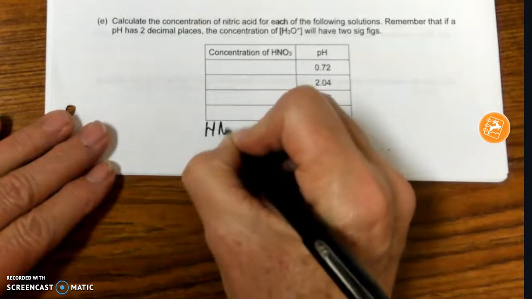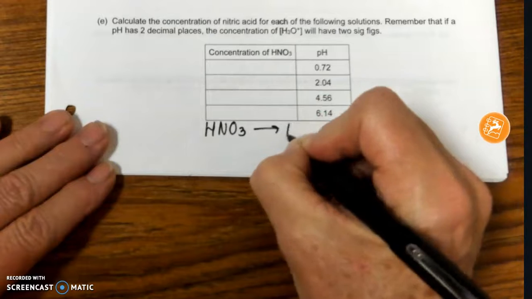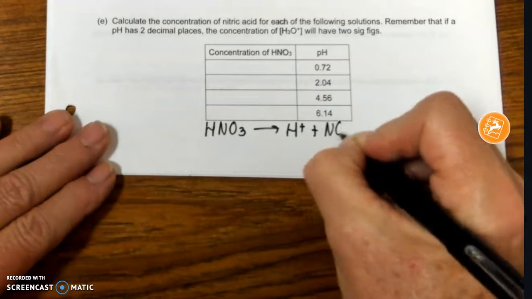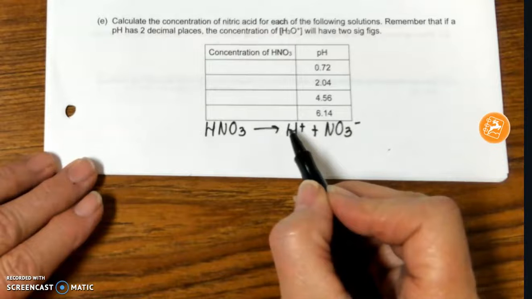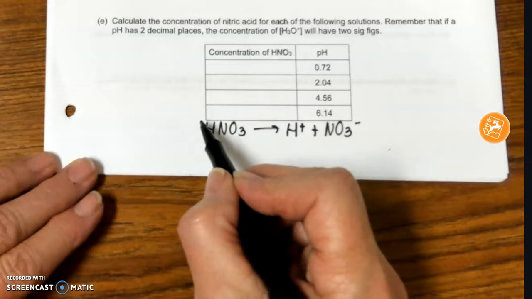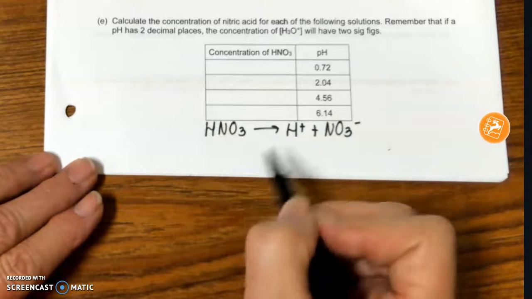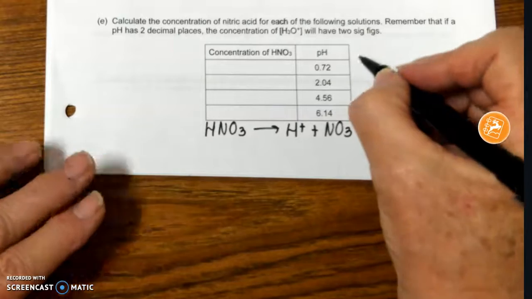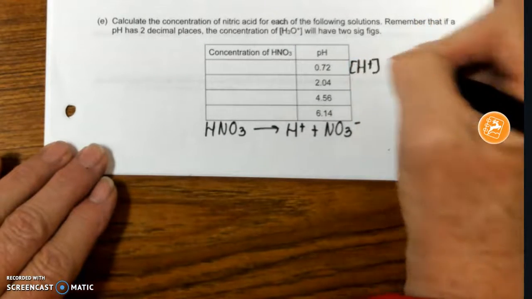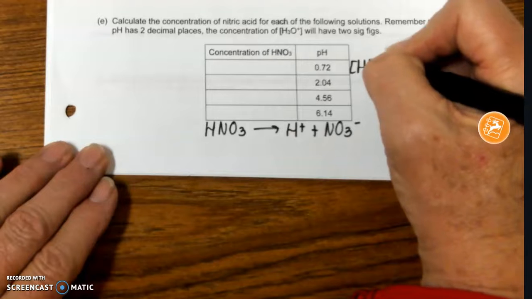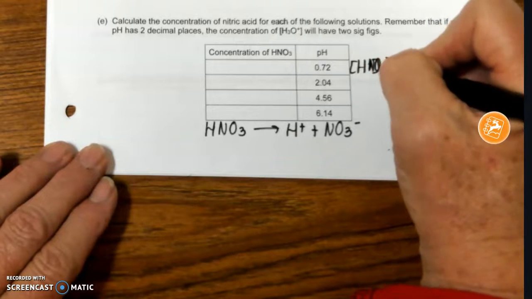So in this case, I'm taking HNO3 going to H plus and NO3 minus. If I have 5 moles of this, I have 5 moles of this because it's a 1-to-1 relationship. So all I have to do here is find the concentration of HNO3.